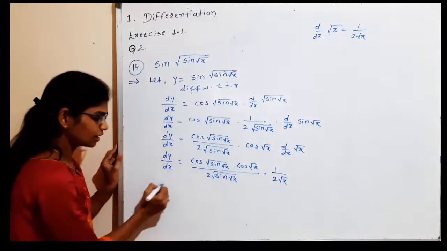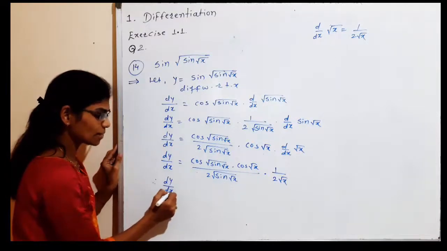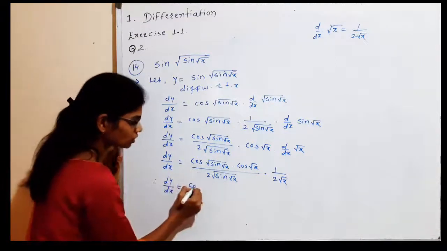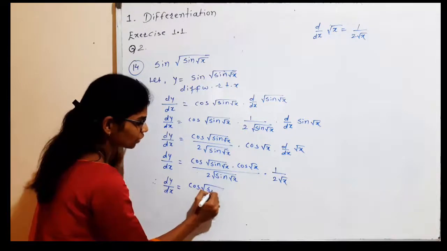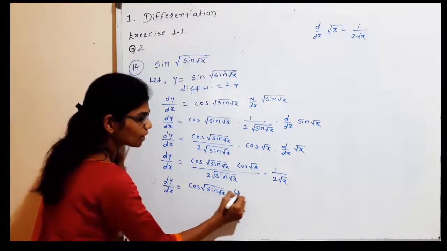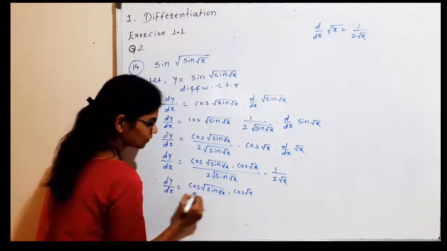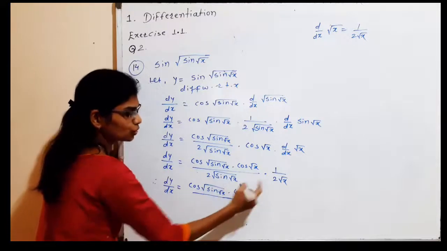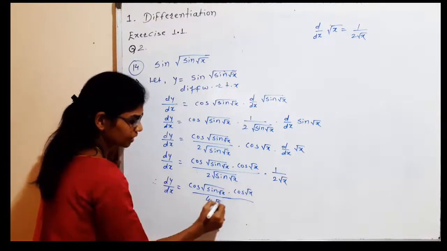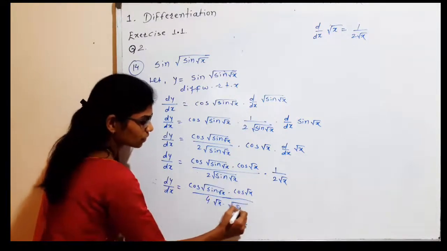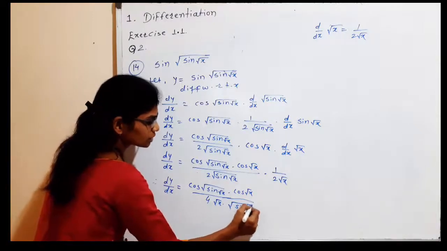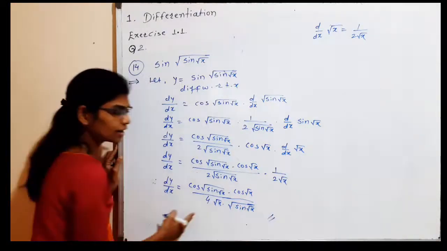At the next step, the final answer we can write as dy by dx is equal to cos of square root of sine of root x multiplied by cos of root x divided by 2 into root x multiplied by square root of sine of root x, and that is the final answer.